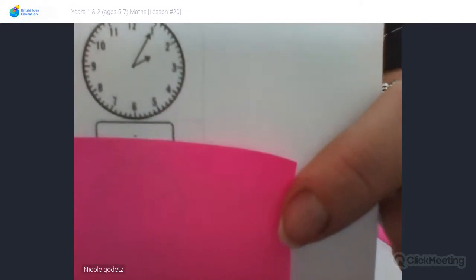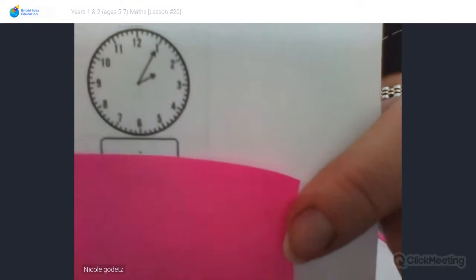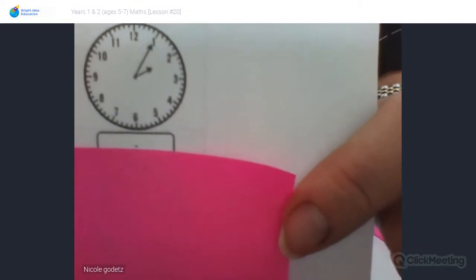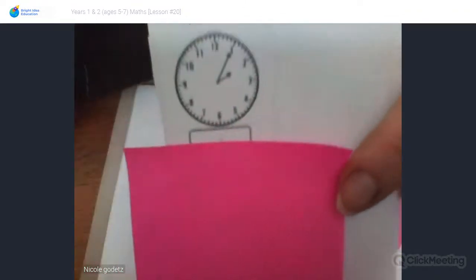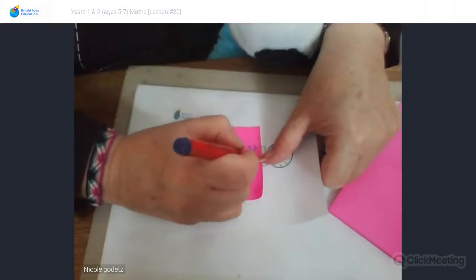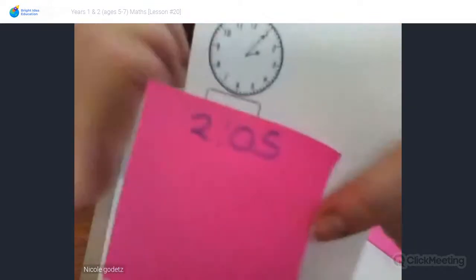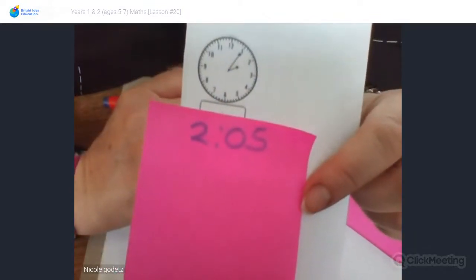5 minutes. So we can't write 2.5, that does not exist in time. We have to put the 0 in. So 2, and make sure you're using a colon, not a comma, please. 2 hours, and we have to put the 0 in as a placeholder. 2 hours and 5 minutes.